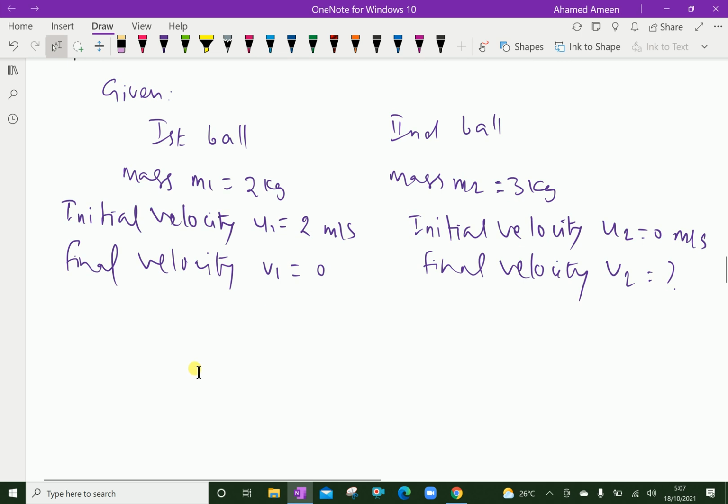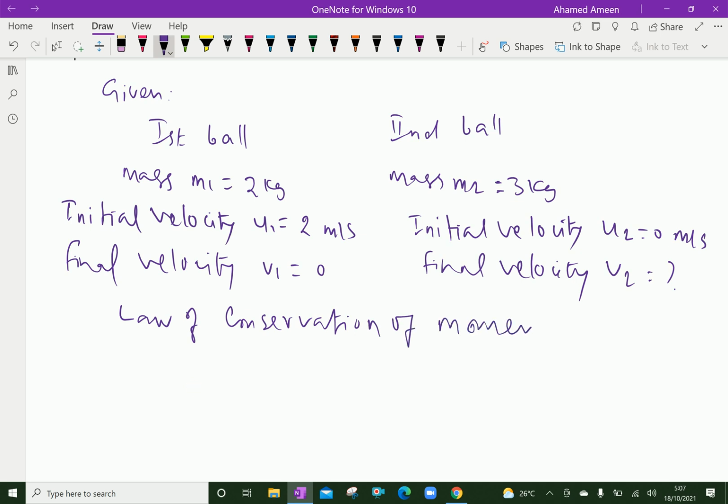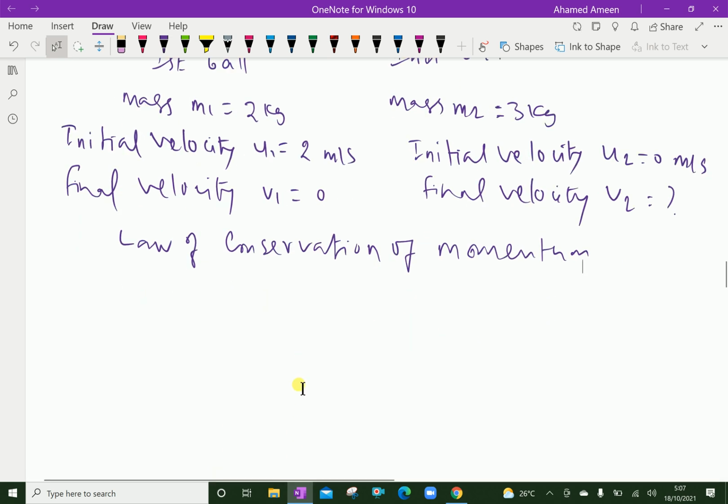We know the law of conservation of momentum, the formula: m1 u1 plus m2 u2 equals m1 v1 plus m2 v2.